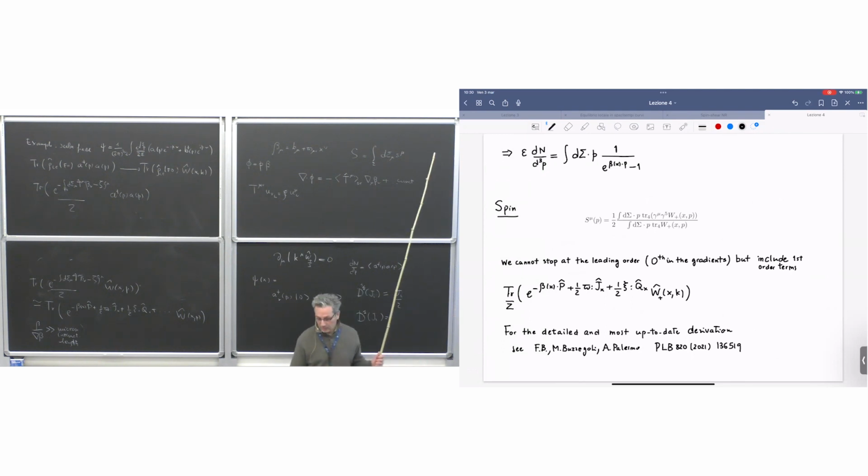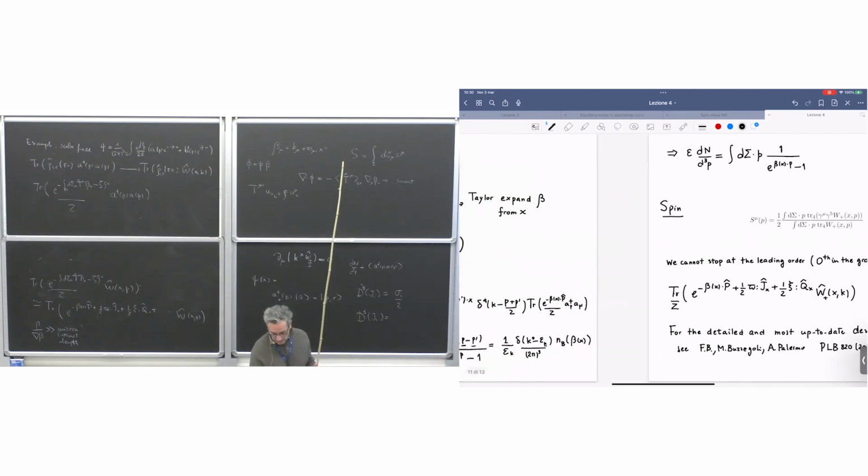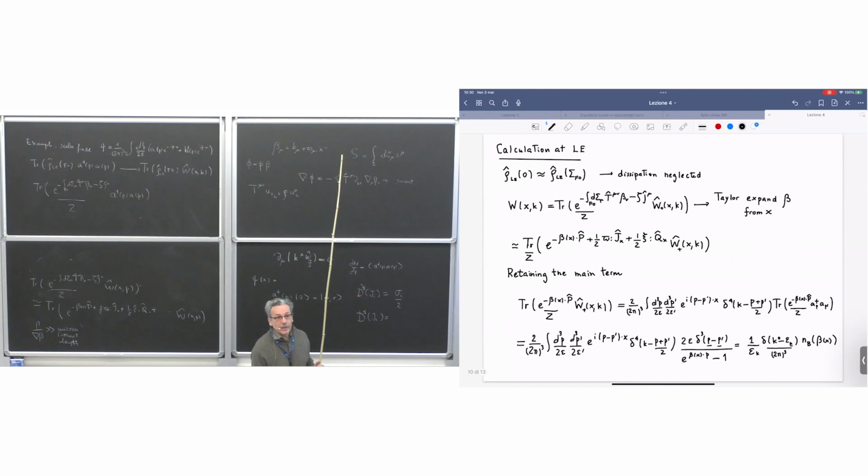So I have now obtained E dn over d3p equal d sigma dot p times 1 divided by the Bose-Einstein distribution function for the spin 0. Of course, if I do the same calculation for the spin 1/2, I would get the Fermi-Dirac distribution function. And we are happy in a sense that we have recovered a formula that was inferred or guessed otherwise.